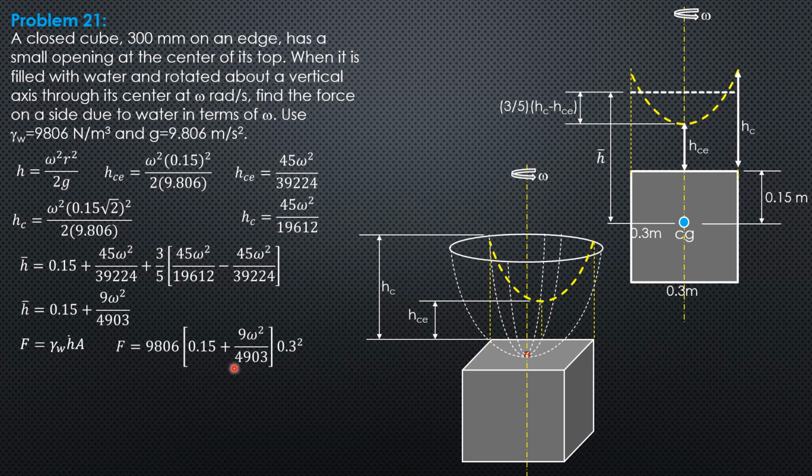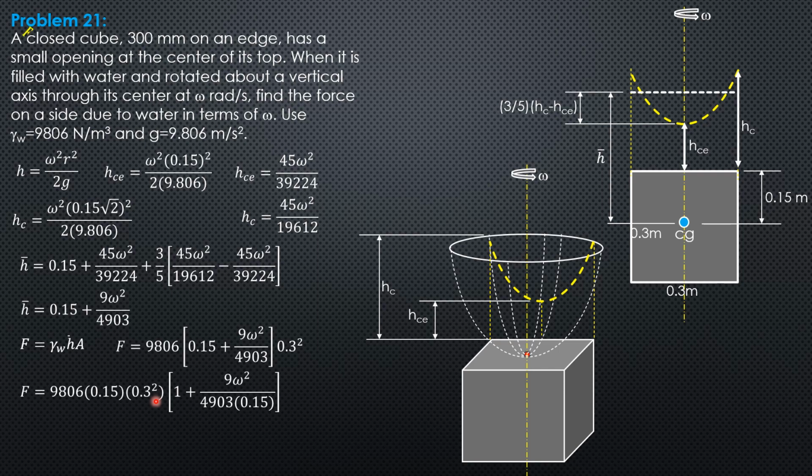So factor out 0.15 to make this one. So 9806 times 0.15 times 0.3 square, quantity 1 plus 9 omega square over 4903 times 0.15, because there's no 0.15 here and we factored out 0.15.